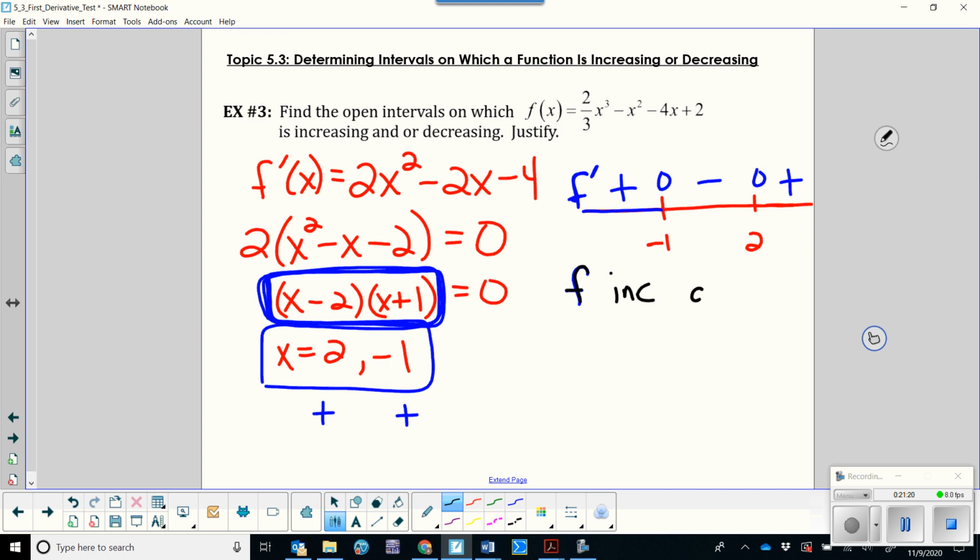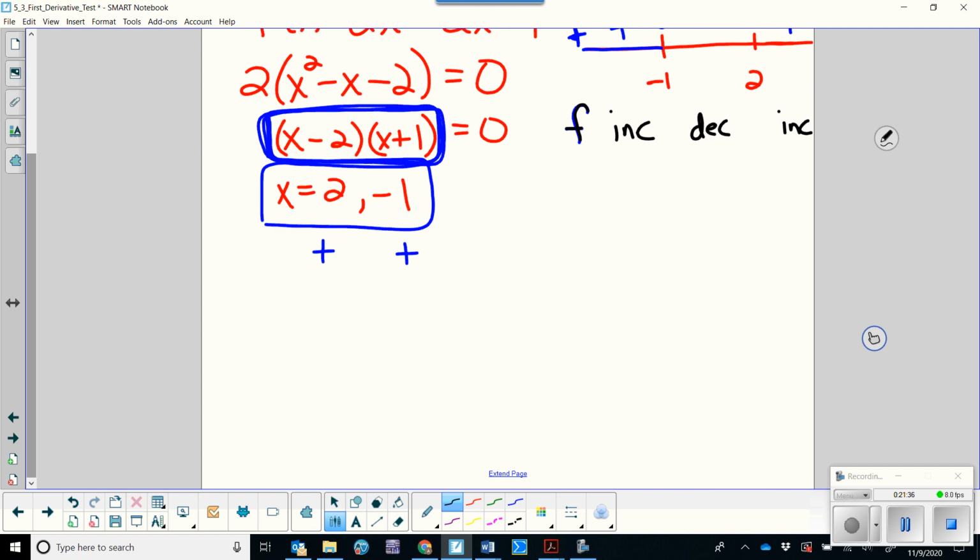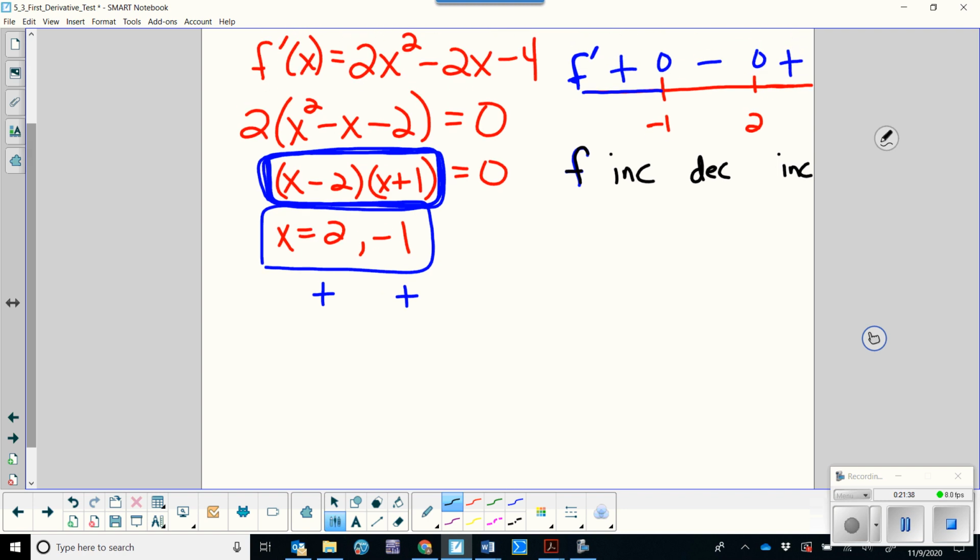Since f prime is negative on this interval, f is decreasing, and f prime is positive, this is increasing. Okay? Now let's read the question. Find the open intervals on which it's increasing or decreasing and justify. So the work that I've done gives me a super easy way to answer. So basically this is the answer to the question. So that was my work.